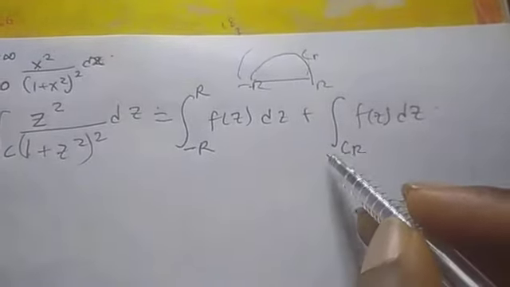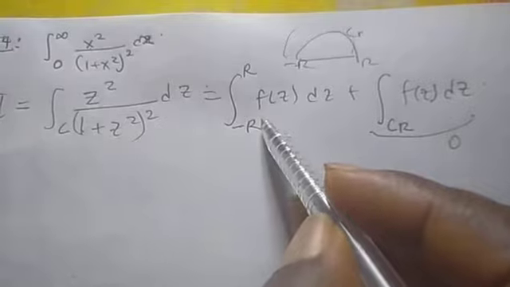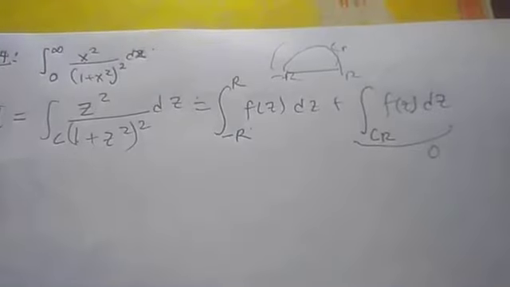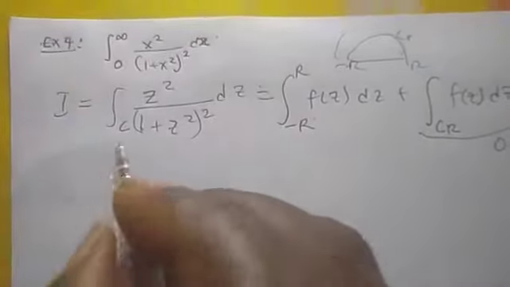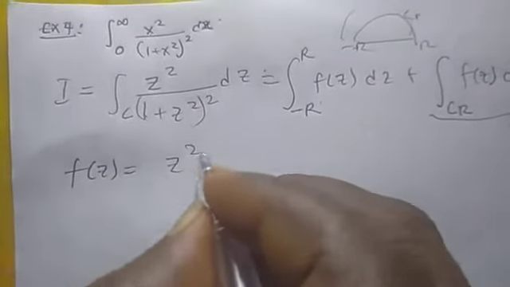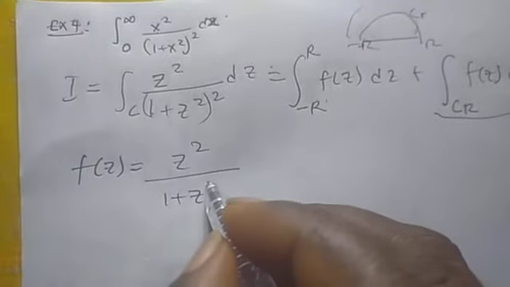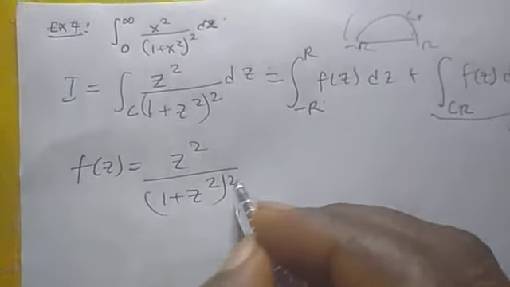By the theorem we just proved, this will be 0, so we are left with this. So we can now apply our Residue's theorem. Our f of z is z squared over 1 plus z squared, all squared.